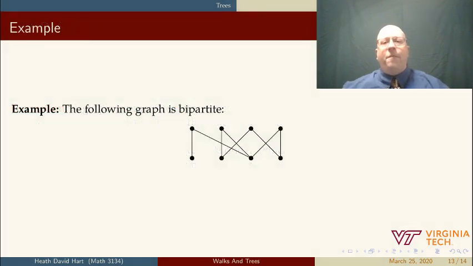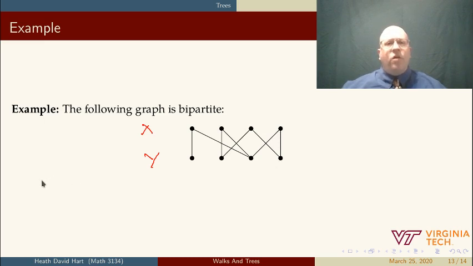Here's an example of a bipartite graph. If the top four vertices are all on team X and the bottom four vertices are all on team Y, then every edge goes from a vertex in team X to a vertex in team Y. There are no edges that connect team Y vertices to themselves, and there are no edges that connect team X vertices to themselves.